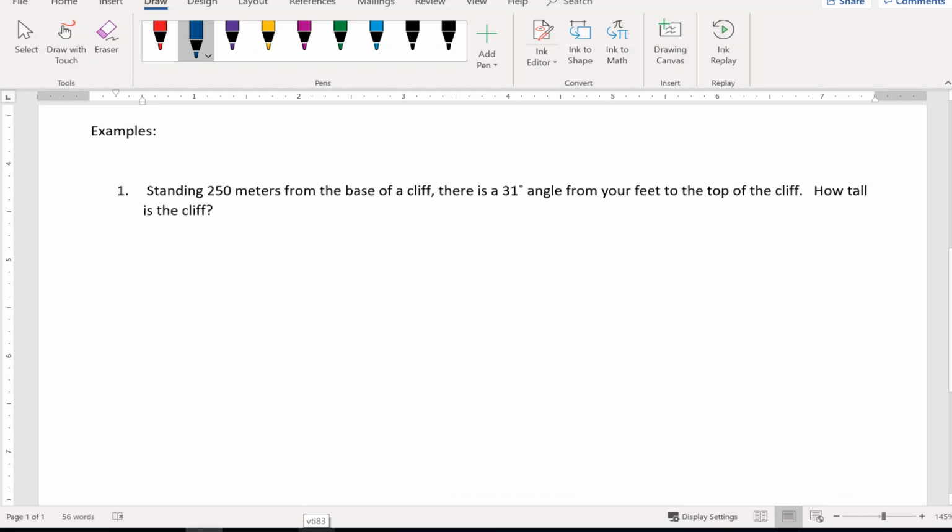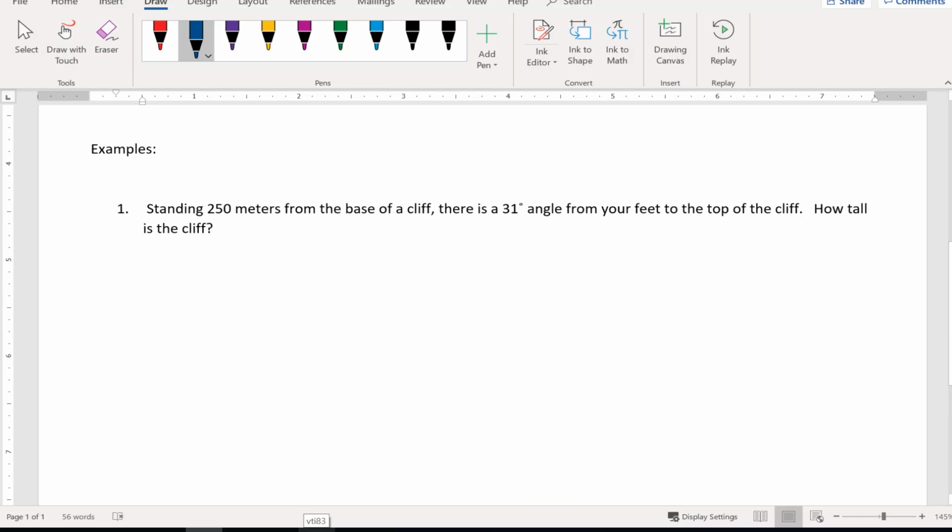So in this first example here, we're standing 250 meters from the base of a cliff. There's a 31-degree angle from your feet to the top of the cliff. How tall is the cliff? Well, let's just draw a picture of what we know first. So here you are, and here is the ground, and here is the cliff.